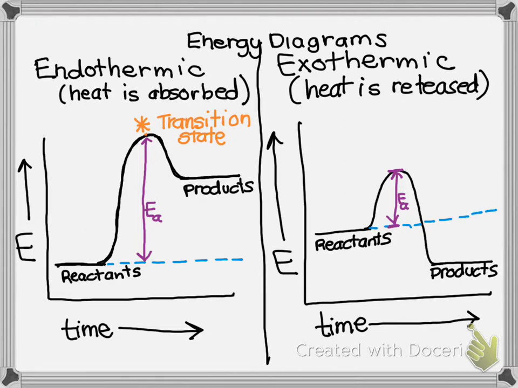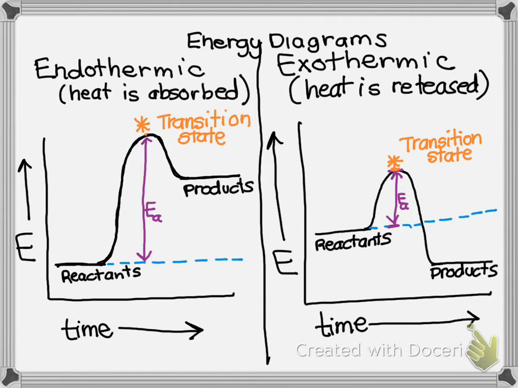As soon as the new bonds are formed, then we release energy and go down in energy to the products. The transition state would be at the same place on the exothermic. It's at the top of the peak. And again, remember, the energy goes up as the bonds are broken. And once the bonds are broken and the new ones are formed, then it goes back down. So up at the top of the peak, we have this transition state.